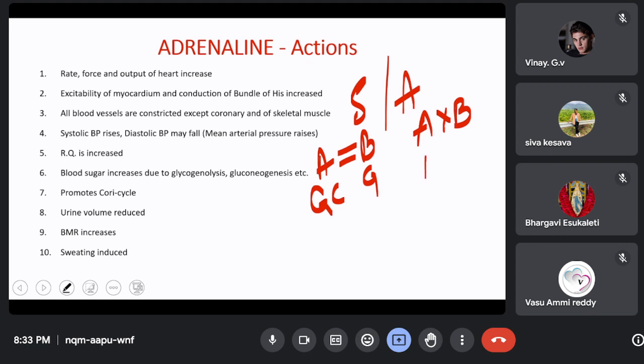For example, insulin against glucagon. Now, there are two more hormones which are antagonistic in nature, adrenaline and noradrenaline, or epinephrine or norepinephrine. So these are the hormones which are antagonistic.